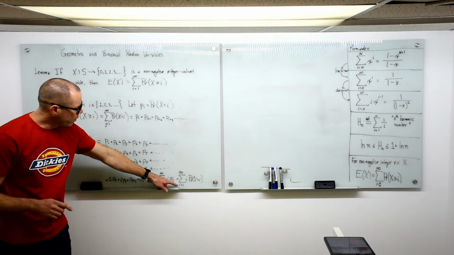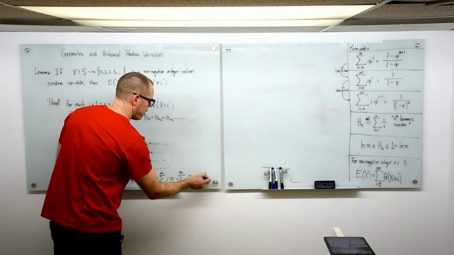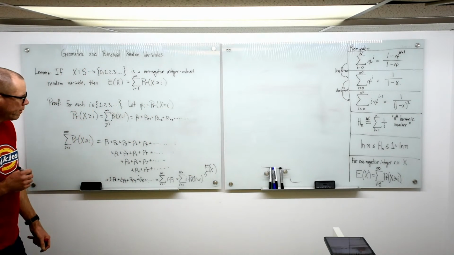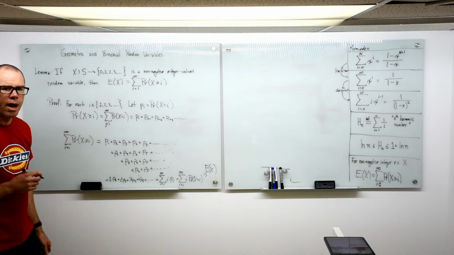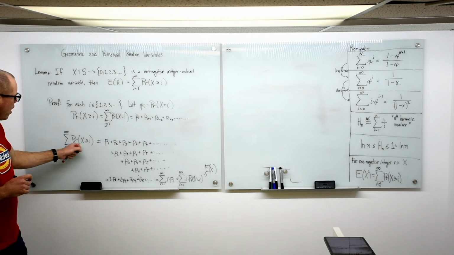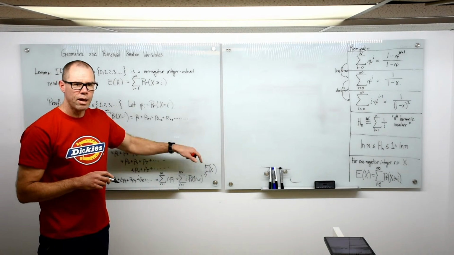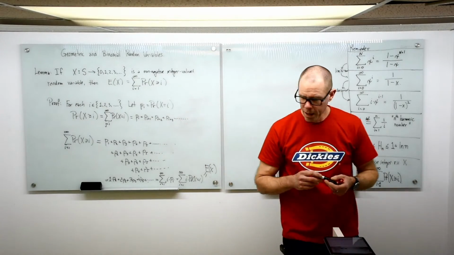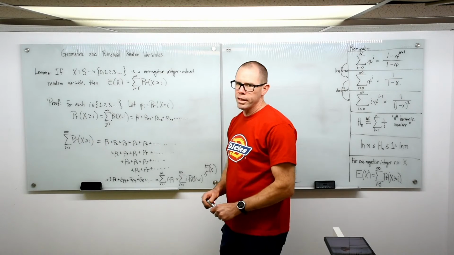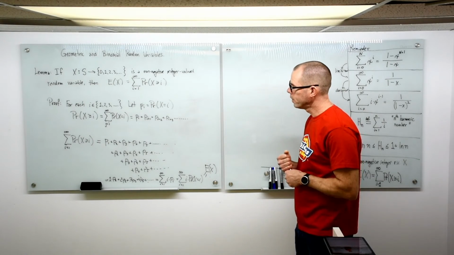But wait a minute, the sum over i from 1 to infinity of i times the probability that X equals i, that's just the expected value of X. This was one of the two definitions we had for the expected value of X. So this sum, of the probability that X is bigger than or equal to i, is actually the same thing as the expected value of X. And that's just because each p_i occurs exactly i times when you expand the sum.